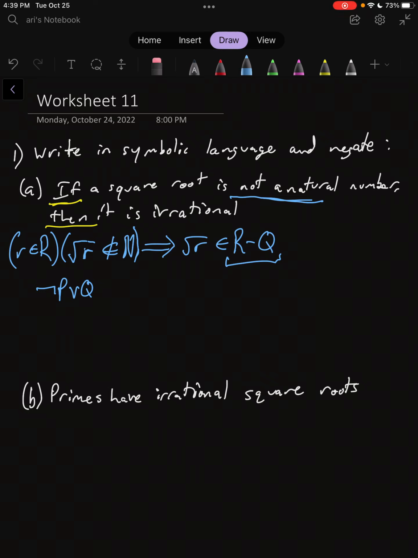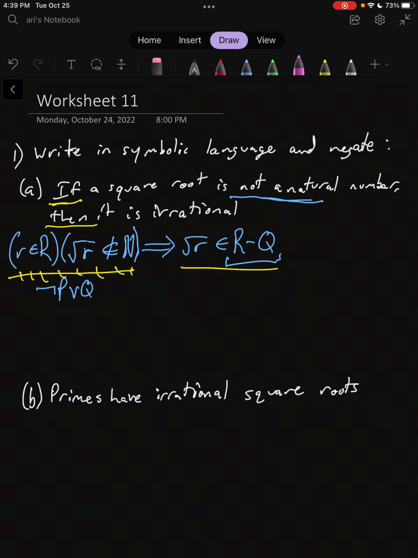Now, here's the really tricky part of this problem. Usually when we have an implication, the entire left-hand side is p and the entire right-hand side is q. So the temptation is to negate this entire part over here. The important thing to keep in mind is that the first part, r being a real number, is not part of our statement.